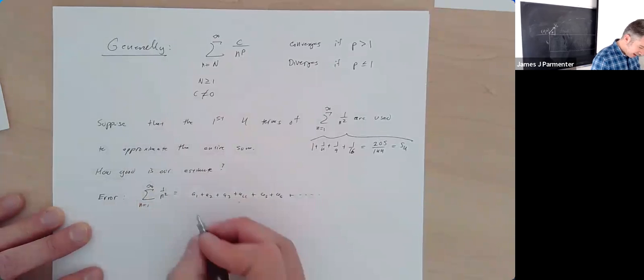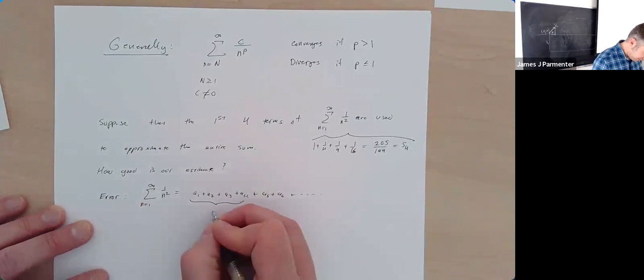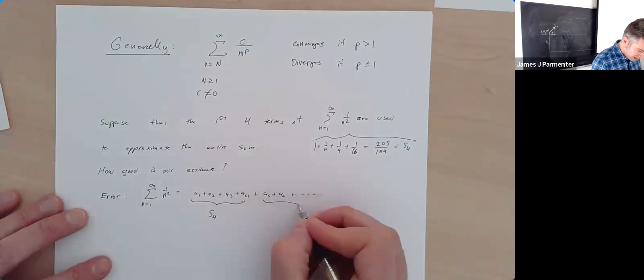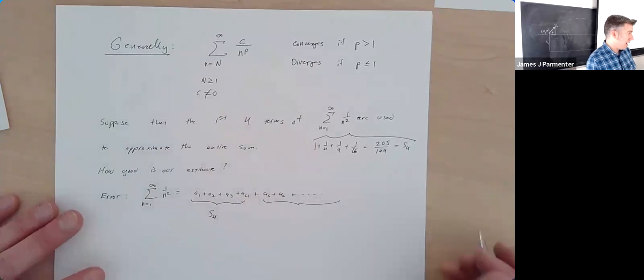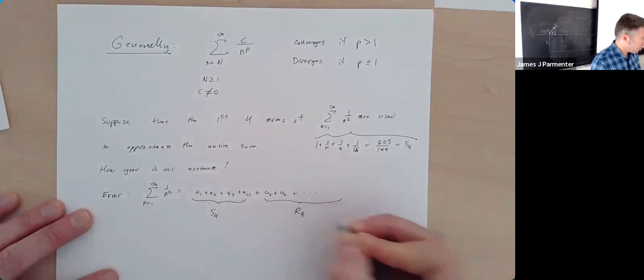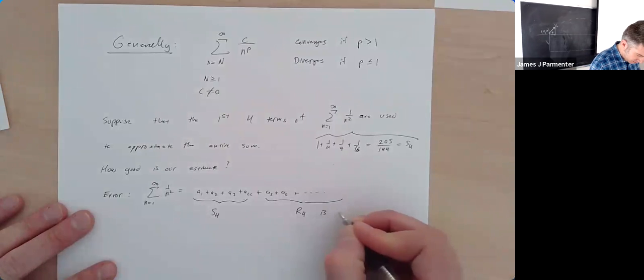If the first terms are our estimate, which is our 4th partial sum, then the remaining terms are the exact amount of error, which people typically call R4, the remainder after the first 4 terms. That's our exact error.